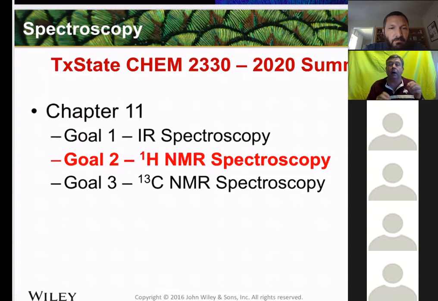IR is about individual bonds, so you can find functional groups. NMR is about where the hydrogens are along your organic molecule. That's why they are different and complementary. IR tells you a lot about functional groups, but not necessarily about how things are connected.